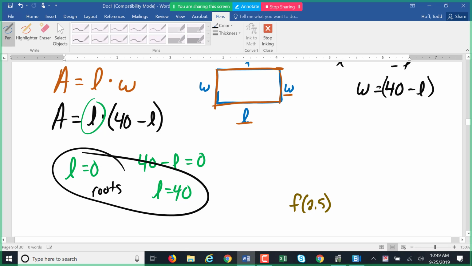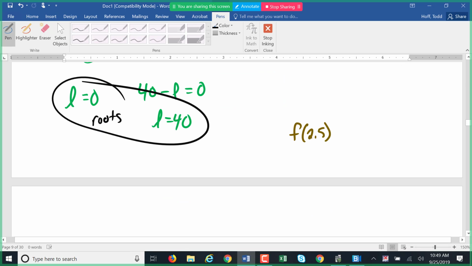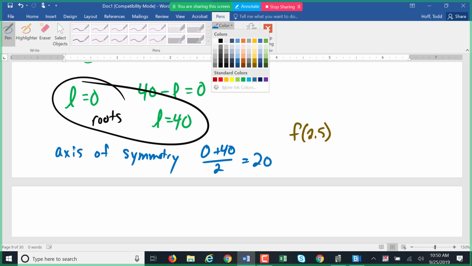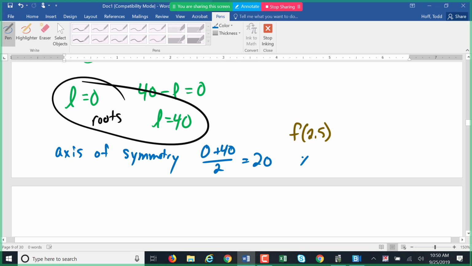So my axis, and therefore my vertex, have an x coordinate that's somewhere in between there. In fact, it's exactly in between there. 0 plus 40 over 2 is 20. So at the vertex, x has a value of 20.